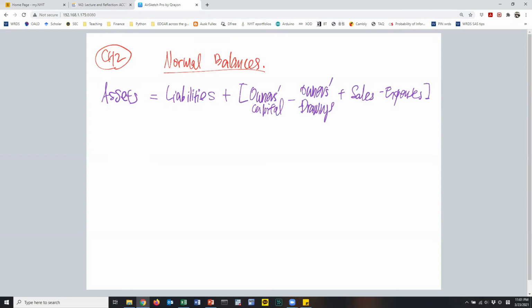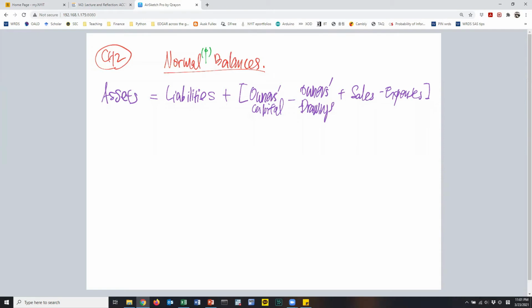And normal balances refer to the balance where an account is normally being shown. Normally meaning when a balance is increasing.